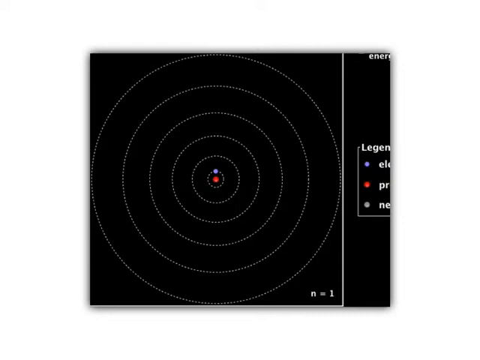What you're going to be watching is, first of all, you're going to see streaming onto the atom all these little colored circles, and they represent photons of different frequencies. In other words, different colors, different photon frequencies, different photon energies that are hitting this atom. And some of the photons have an energy that's just right to make this electron jump from a lower energy level to a higher energy level.